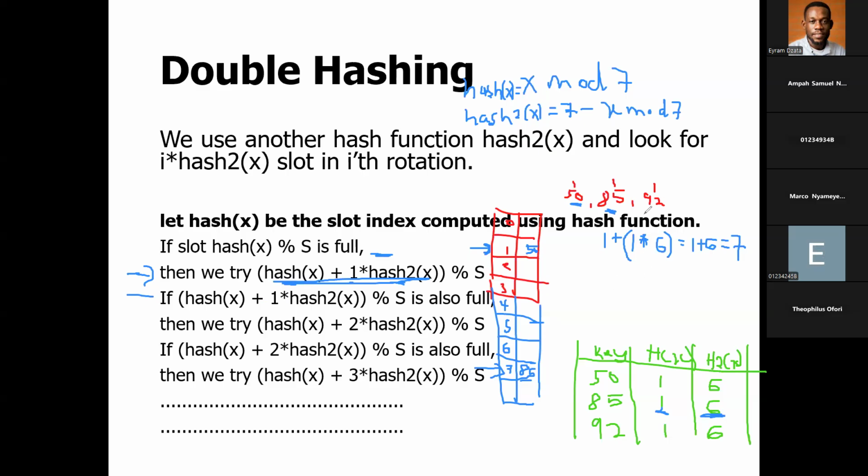All right, so when we take 91, if we follow the same approach, we'll end up at the position of 85. So we try this, which is looking at h of x, which is 1, plus this time you have 2 times h2, that is 6.